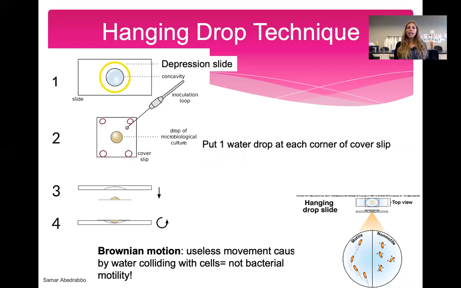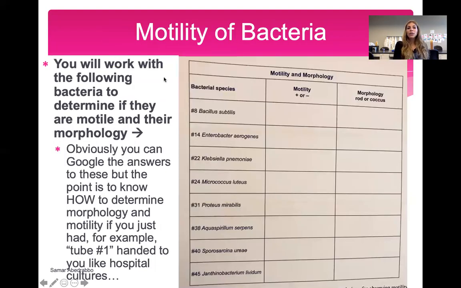So when we look at the hanging drop, the depression slide under the microscope, we want to make sure that we're really taking a good look at the bacteria, making sure that they actually are moving. The bacteria that you would examine, had you been doing this in lab, are groups we wanted you to determine if they're motile or not.